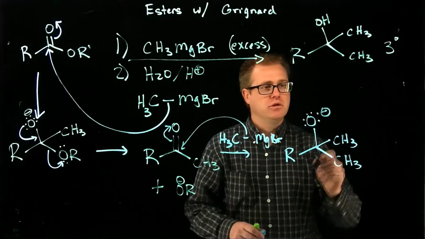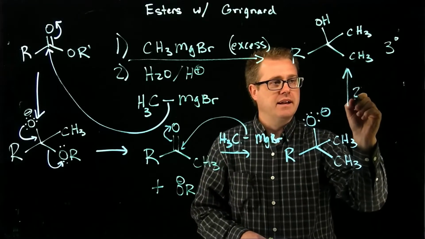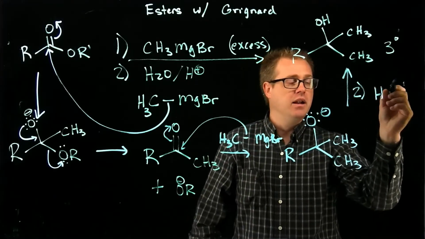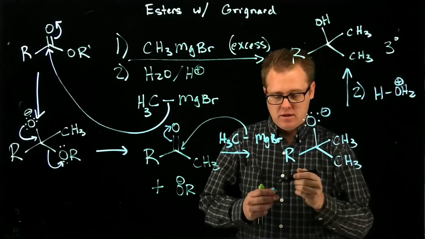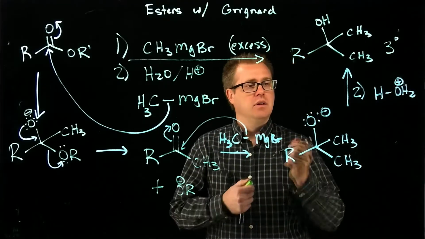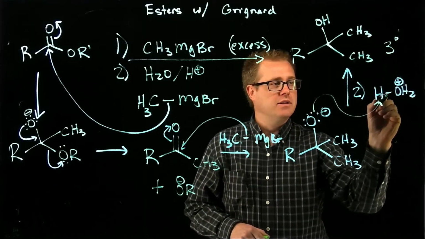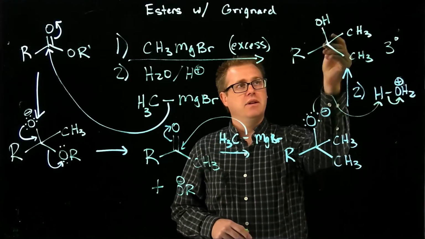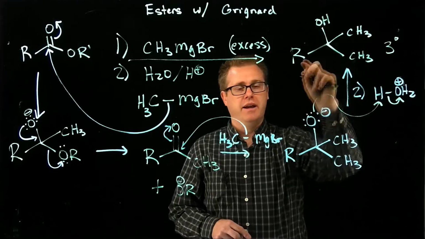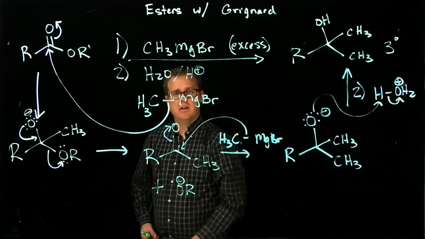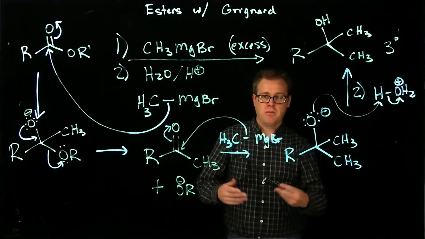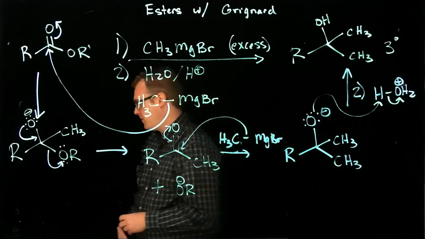And now we will do the second step, which is adding a proton. So we would have a proton transfer step to give us our product right here. So very similar and should be a familiar mechanism for you.